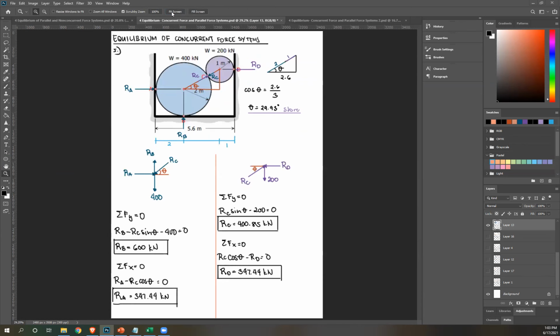And that is number 5 for equilibrium of concurrent forces. Any questions, please answer in the chat. Okay, no questions, so that ends that topic.